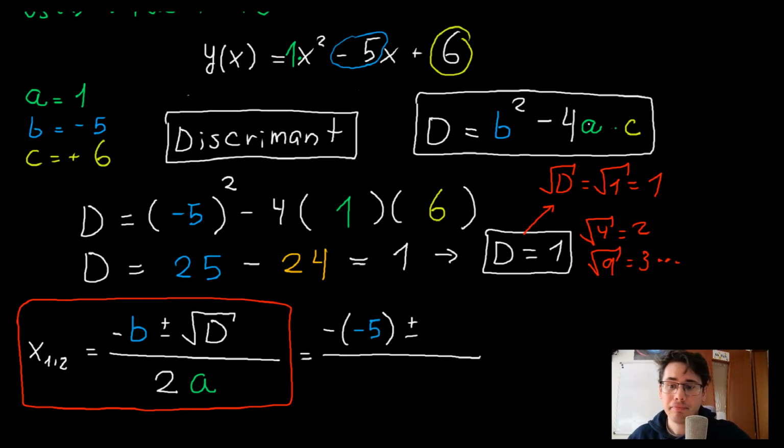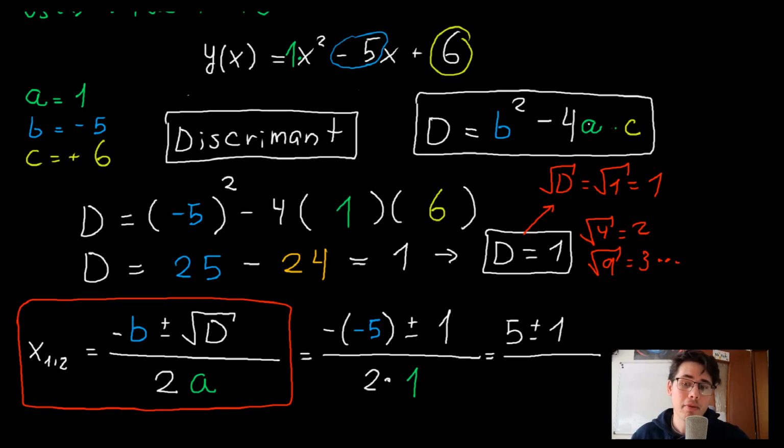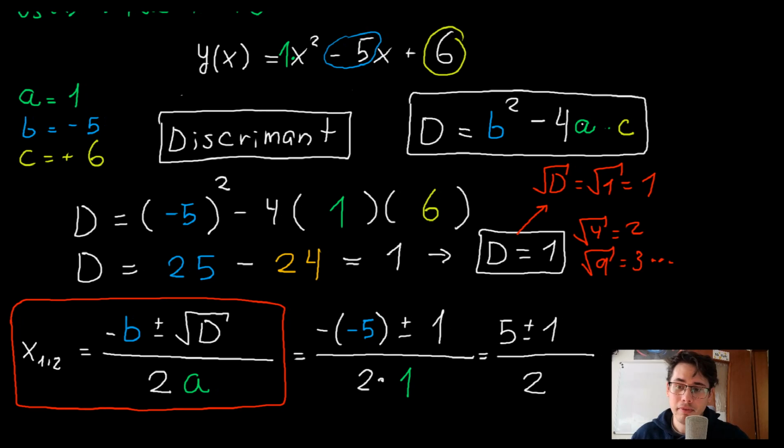Plus minus 1. The discriminant is 1. And 2 times A is 2 times 1. Okay, let's simplify further. Minus minus is plus. And 2 times 1 is 2.